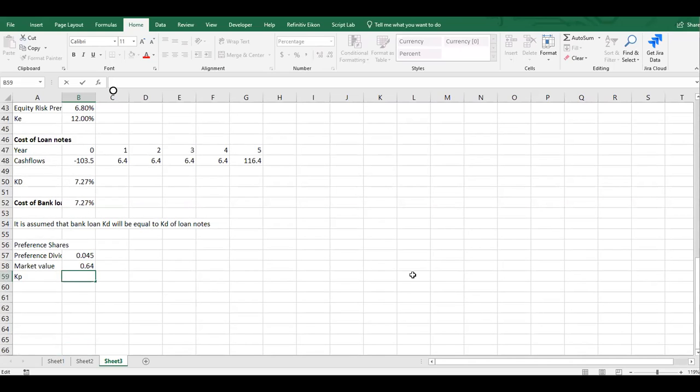Okay, now calculate the market values. Equity, loan notes, bank loan, preference share. First of all, write the market values.